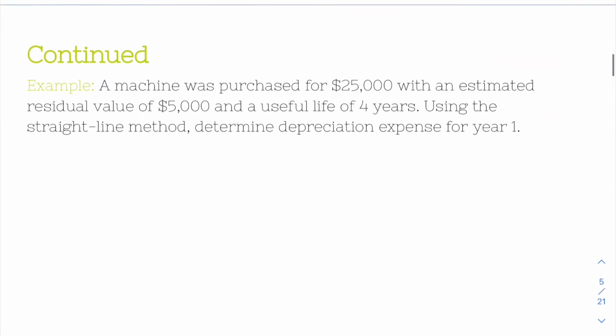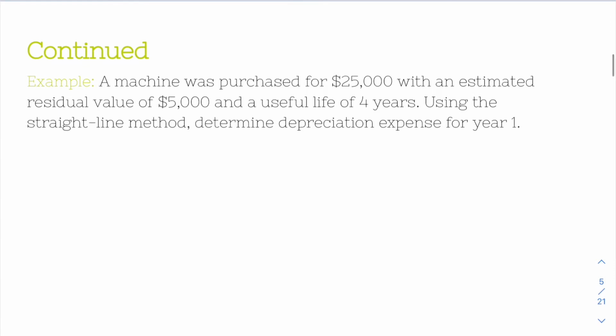So it tells us that a machine was purchased for $25,000 with an estimated residual value of $5,000 and a useful life of 4 years. Using the straight line method, determine the depreciation expense for year 1.